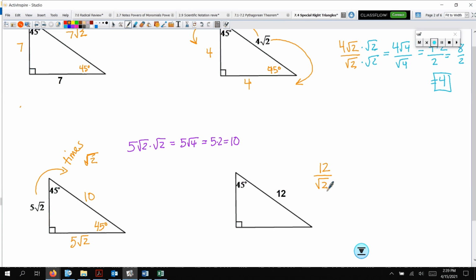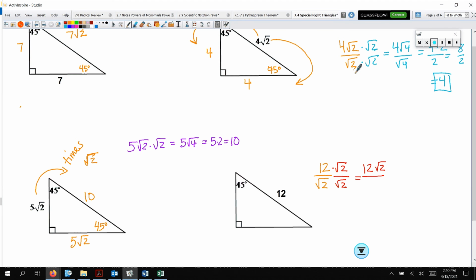Right? We need to rationalize the denominator. So we multiply by 1, just in a really ugly way: root 2 over root 2. So that gives me 12 root 2 in the numerator over, remember when you square a radical? So root 2, like we did up here, just right above it.